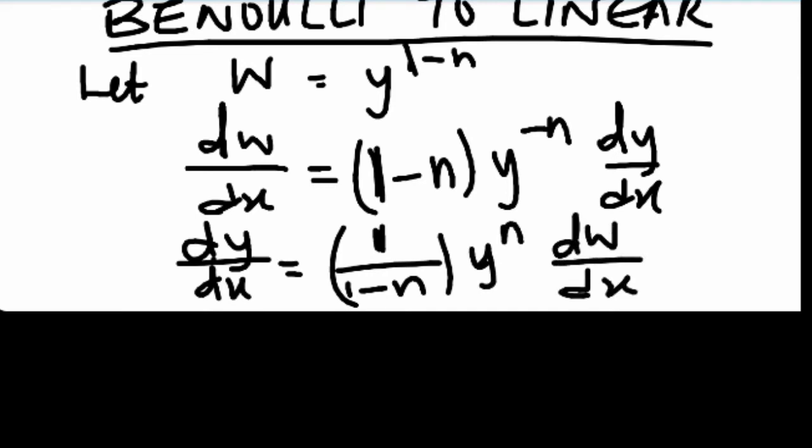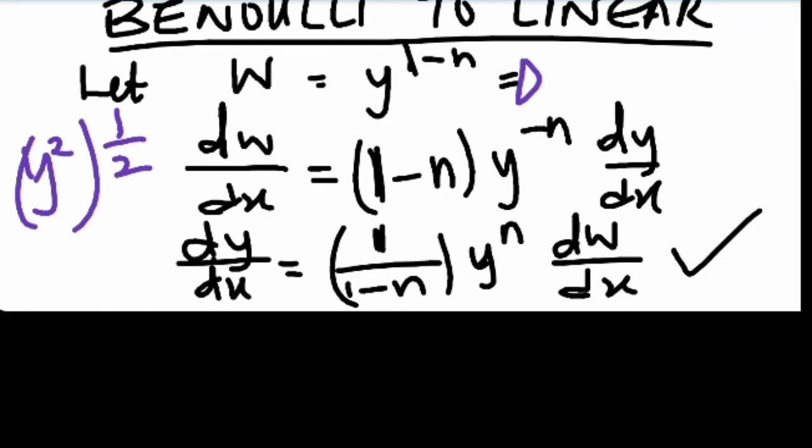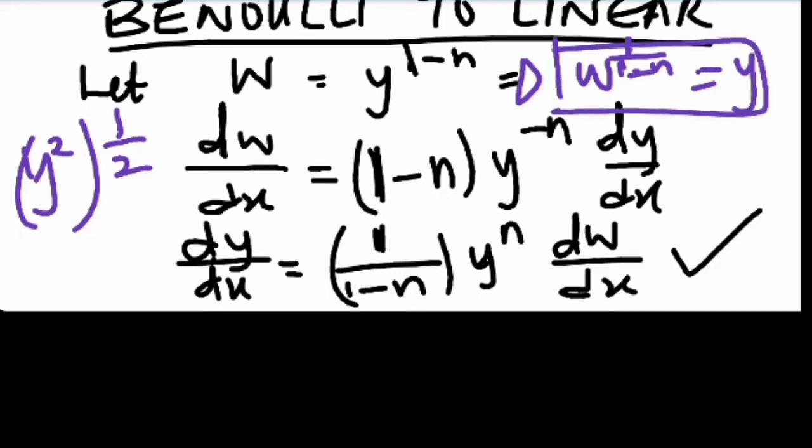So anywhere I see dy by dx in my Bernoulli equation, I put this, and anywhere I see y, you raise both sides to the power of 1 over 1 minus n. Remember, if you have y squared and you want to remove this squared, you multiply the power by 1 over 2. So I raise both sides to 1 over 1 minus n. So w raised to power 1 over 1 minus n is equal to y. I'll substitute this and I'll substitute this.